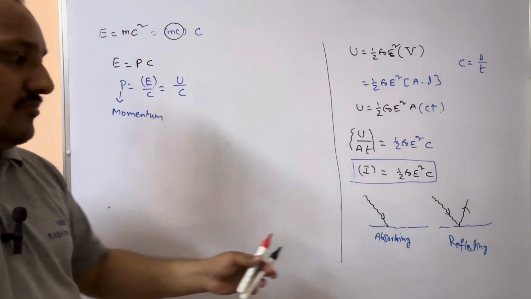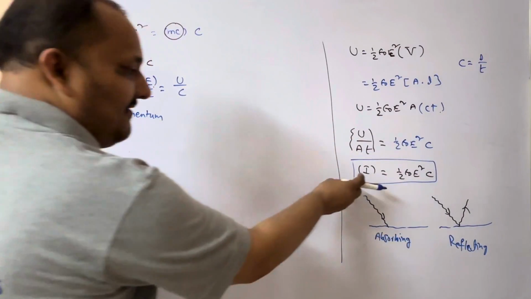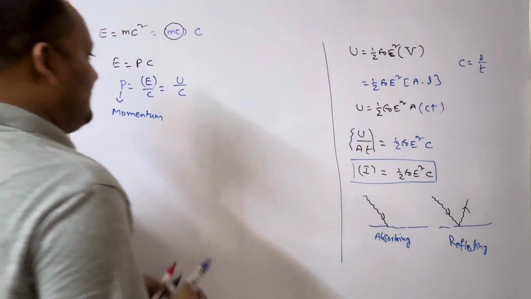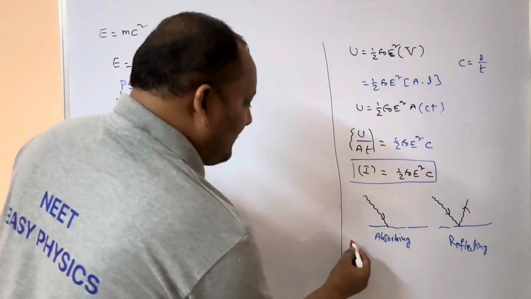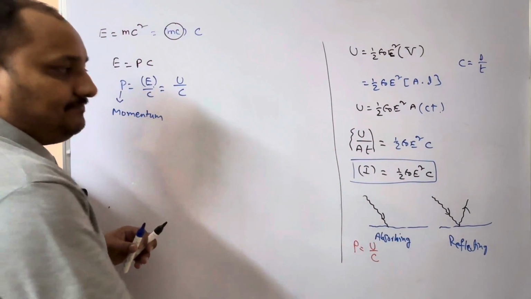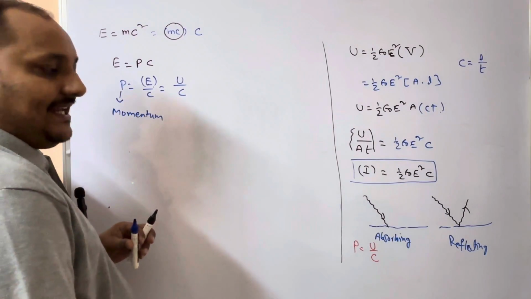So what is the momentum for an absorbing surface and a reflecting surface? Whenever light is incident, for an absorbing surface the momentum is equal to U by c, energy by velocity of light.